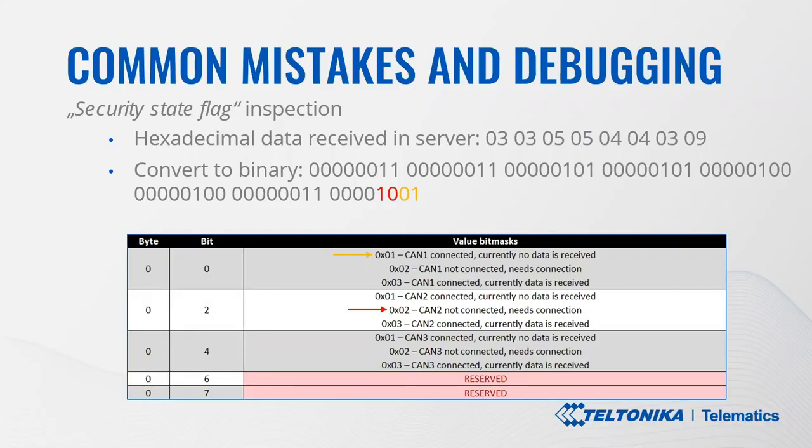Also, you can have a response of 0, 2 in decimal, which would mean that CAN 2 is not connected and requires connection. This means that the unit has checked the requirement of connection for that specific CAN line according to the program number. However, no data is received. And lastly, you will have a confirmation if CAN 1 is connected and currently data is received when the required CAN line is connected correctly, and you should be able to receive the sent data by the unit.